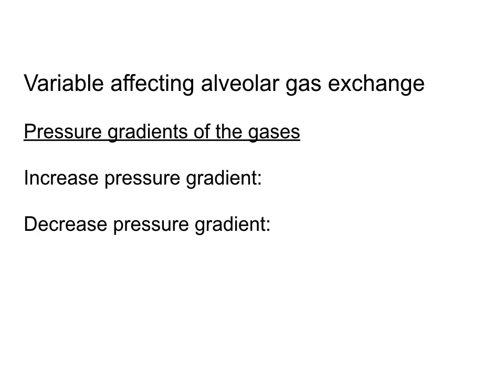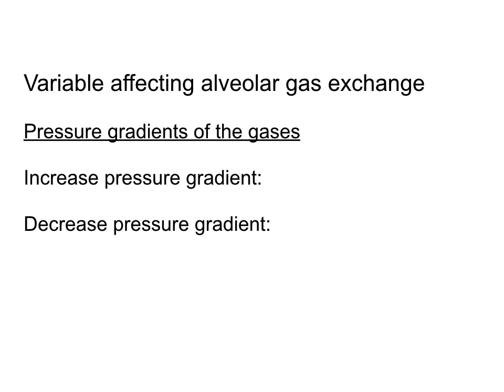Now, there are different variables that can affect alveolar gas exchange. For example, changing your pressure gradients. Now remember, the word gradient means a difference between two areas. So we're looking at the degree of difference between your alveolar air and the blood in your pulmonary capillaries.